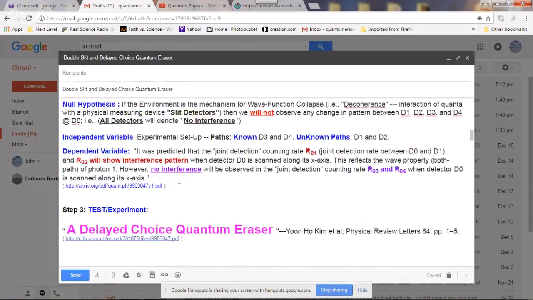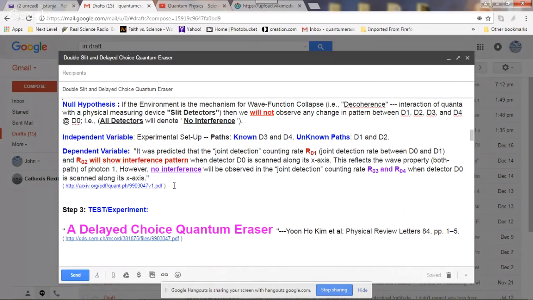Our independent variable in this experiment is inside the experimental setup. You're going to see that here in a minute. It's the paths. You've got known paths, that's D3 and D4, versus unknown paths, D1 and D2.